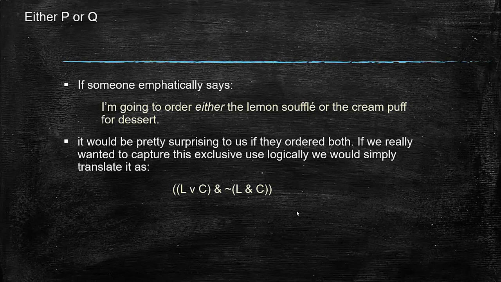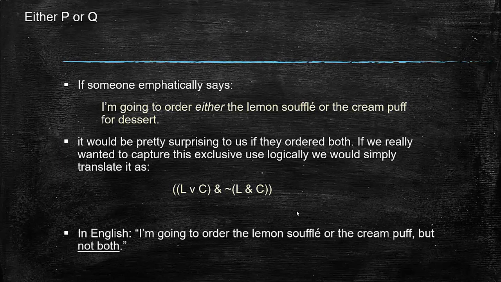So when we say exclusively, I'm going to order either the lemon souffle or the cream puff, we're saying I'm going to order either the lemon souffle or the cream puff, that's the inclusive or, and by the way, not both. So in English, I'm going to order the lemon souffle or the cream puff, but not both.